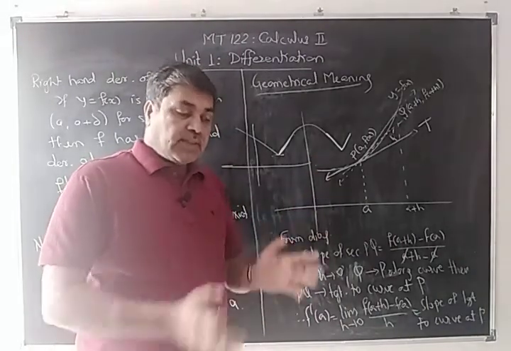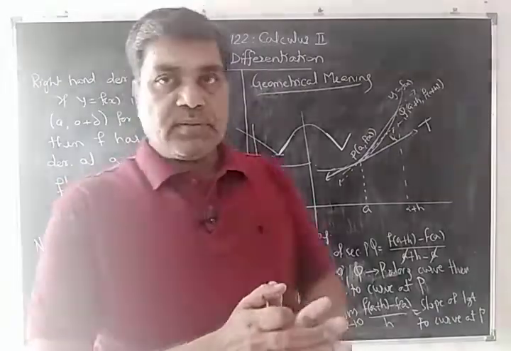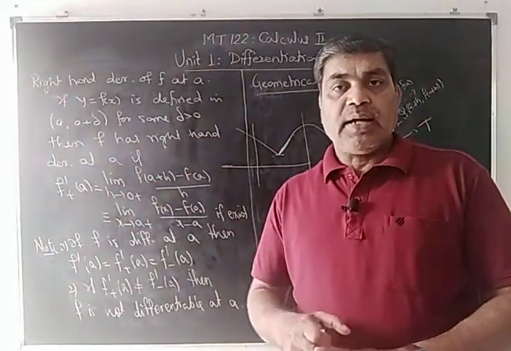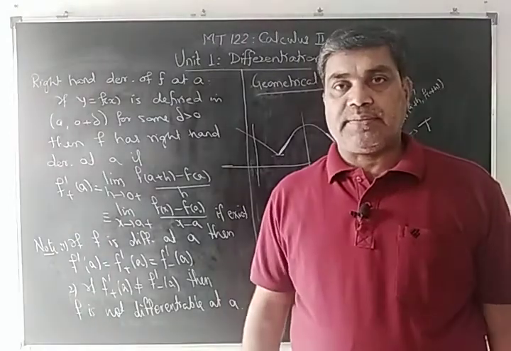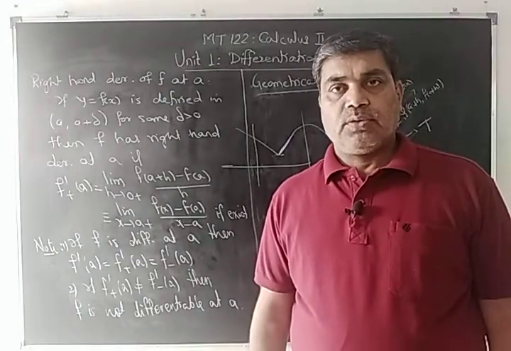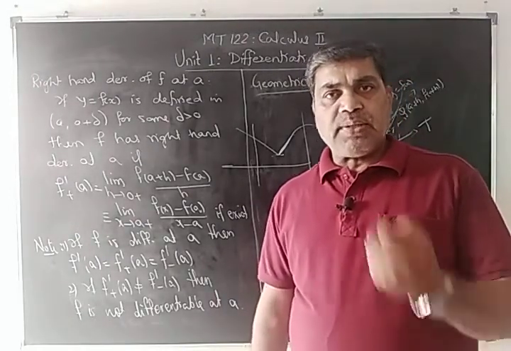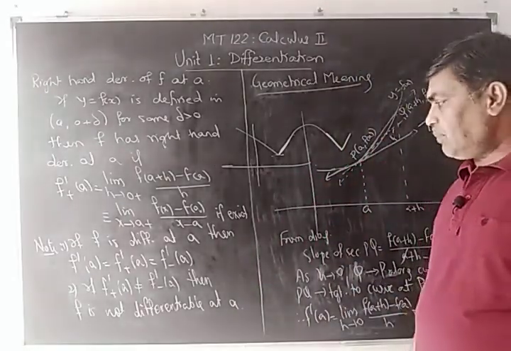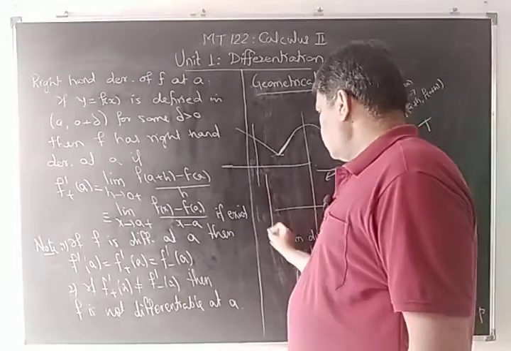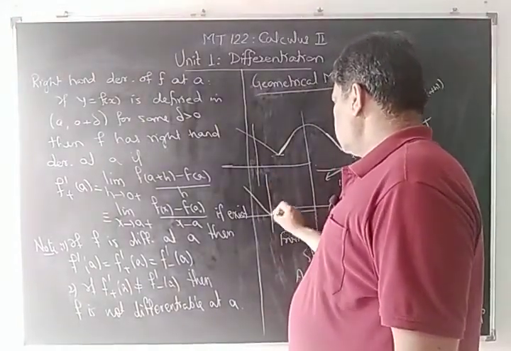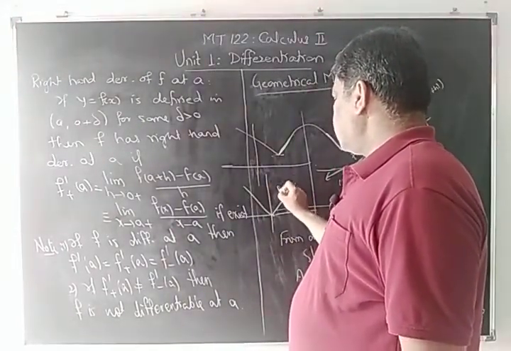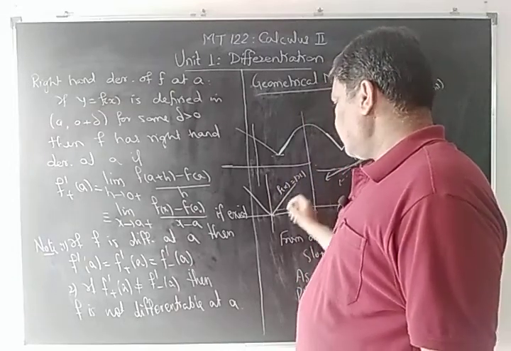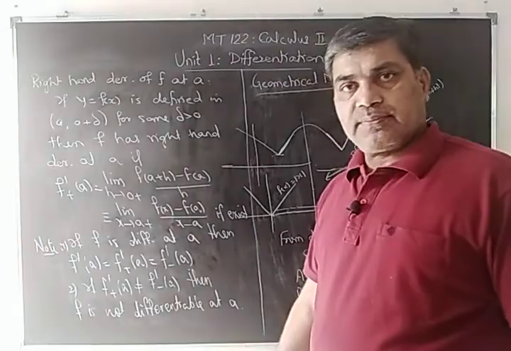So on the curve, if there is an angle formed, then that function has no derivative at the x coordinate of that point. So this geometrical meaning is very, very important for us. For example, if I take mod x, this f of x is nothing but mod x. y equal to x line here, and this is minus x.